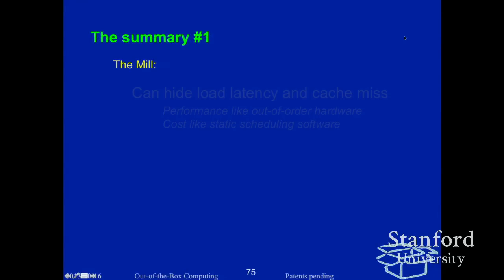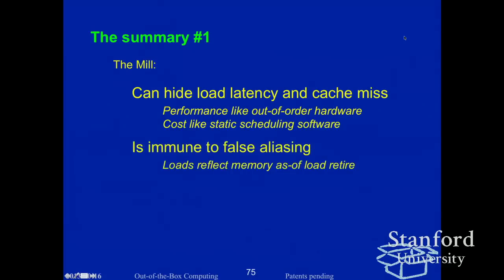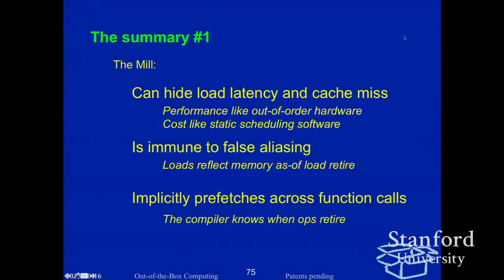Summary. It'll hide cache latency and cache misses to the extent that it can be done, because there are, in fact, deferred operations. So the performance is like out-of-order hardware, and the power cost is like static scheduling. It is immune to false aliasing. It will implicitly prefetch across interrupts and function calls.